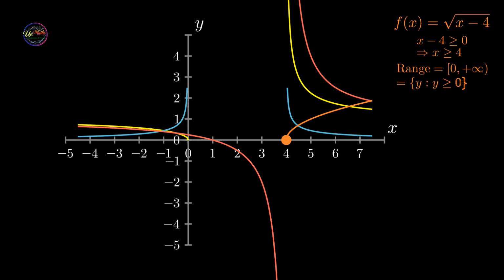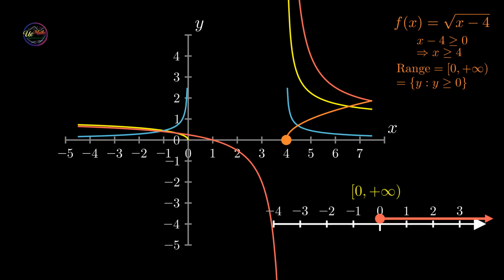For f of x equals the square root of x minus 4. The square root is always non-negative. At x equals 4, f equals 0. As x increases, f increases without bound. Therefore the range is the closed interval from 0 to positive infinity.